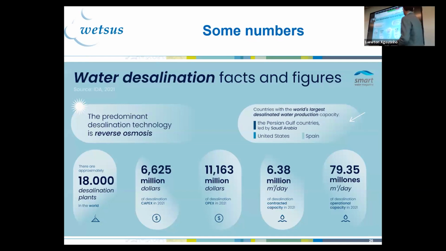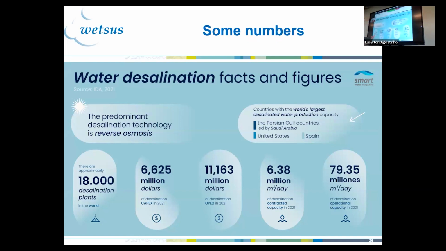Some figures, from Smart Water magazine, that are more updated than the plots from the IDA. It's from 2021. We have now about 18,000 desalination plants built in the world, with $6.6 million in CAPEX in 2021. We have $11 million of OPEX.